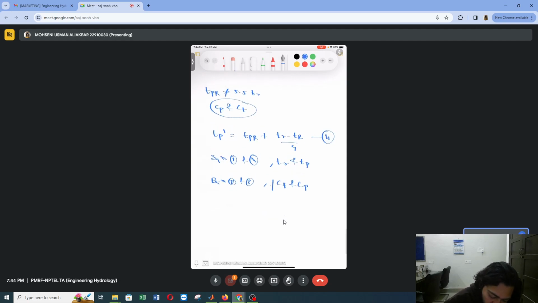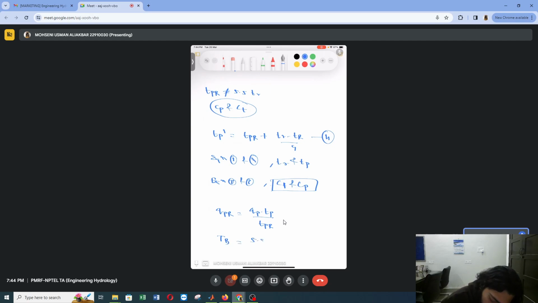Now that we have calculated the values of CT and CP, we can calculate the peak discharge of the ungauged catchment, right? We can calculate it by this equation, and also we can calculate the time base.